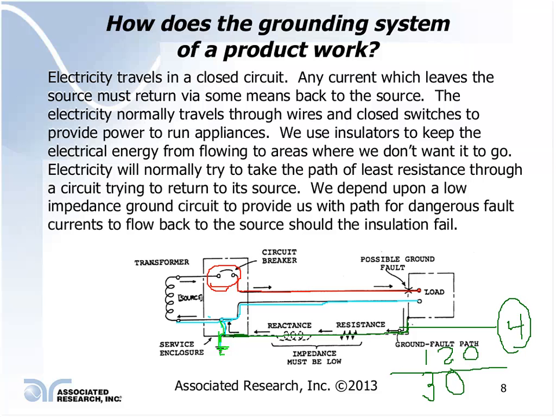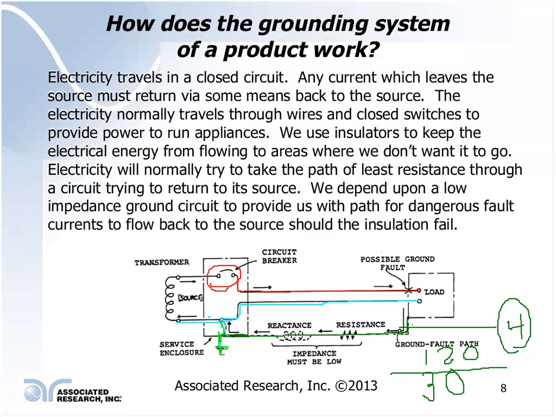They are designed for fire protection. So if we're relying on this fuse or circuit breaker to help protect us against electrical shock hazards, forget about it, okay? It is not meant for that function.